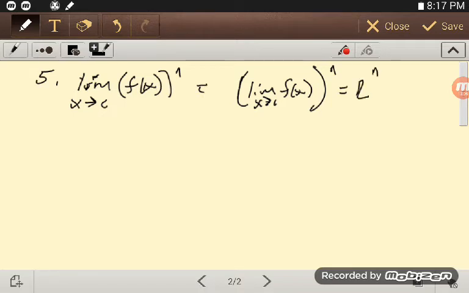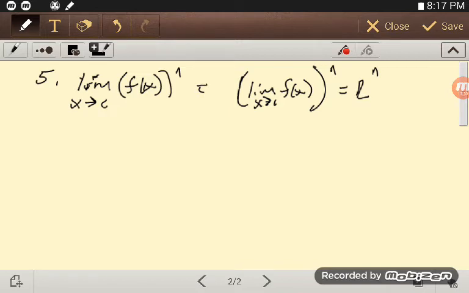But again, that's not surprising, because if this n is a 2, that's just f times f, and so we already knew we could separate those and do them each separately and then multiply the result together. So that wasn't anything earth-shattering, that number 5.